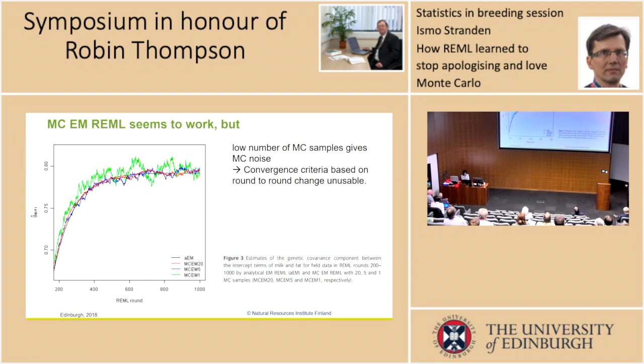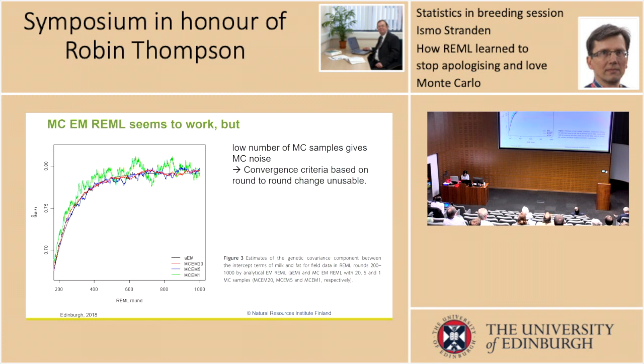So there will be more Monte Carlo noise. And if we use this kind of approach where the number of MC samples is low, the typically used convergence criteria of round-to-round change, when it gets small, is no longer a very good one because we have lots of noise there.